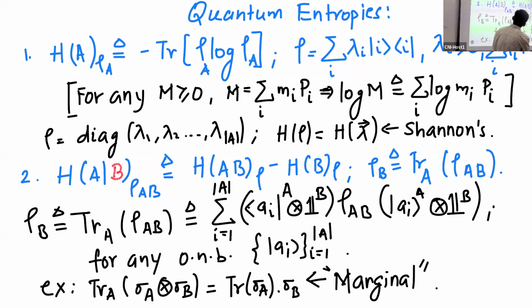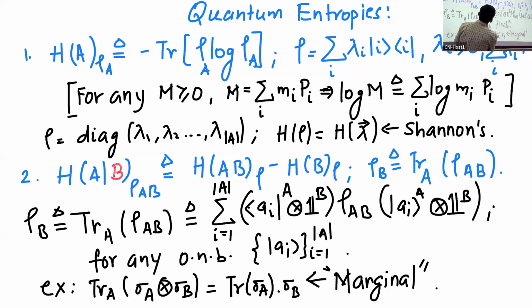Now, the reason which comes into play here is that the state rho was essentially positive semi-definite, and it is also Hermitian. This I didn't say earlier, but we'll also assume all the positive semi-definite matrices that we'll consider will also be Hermitian. So they admit this particular decomposition, which is the spectral decomposition, where I can write it as eigenvalue times the projector onto the eigenspace, or essentially ket-bra, and it has all these properties.